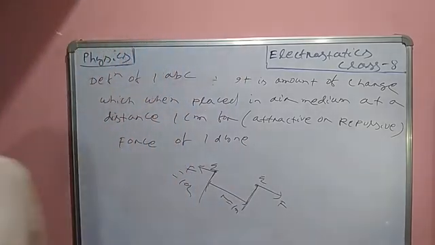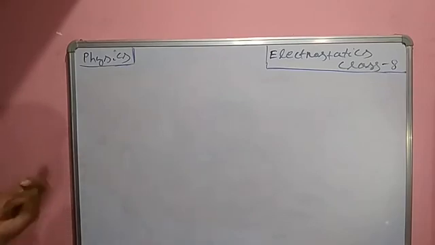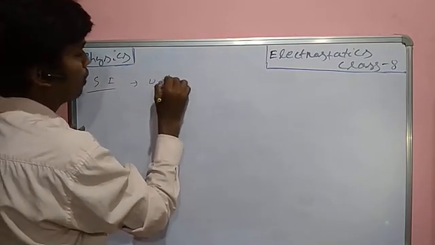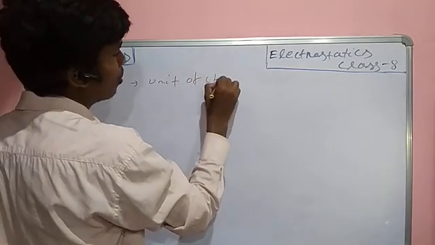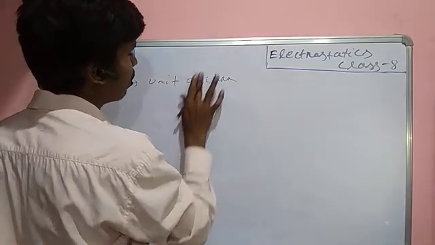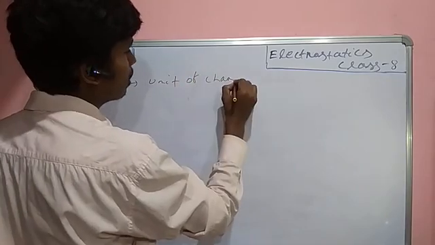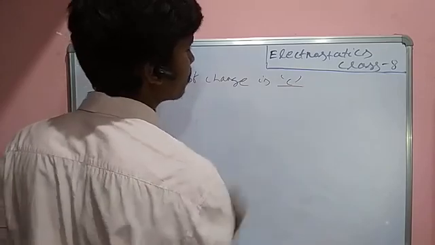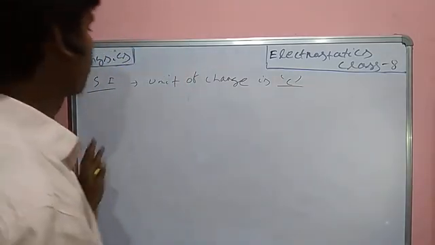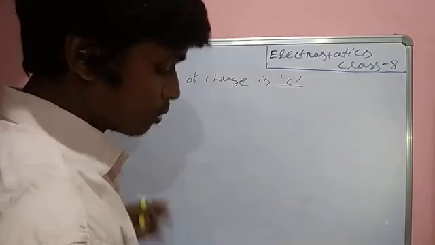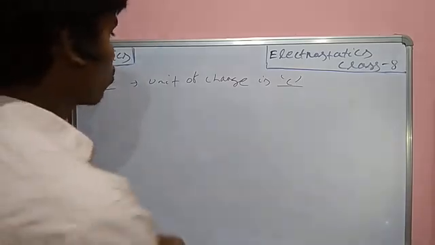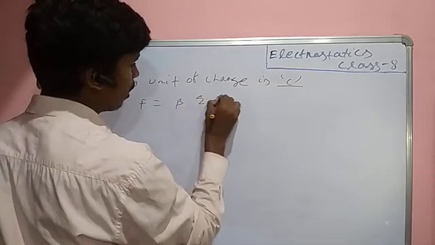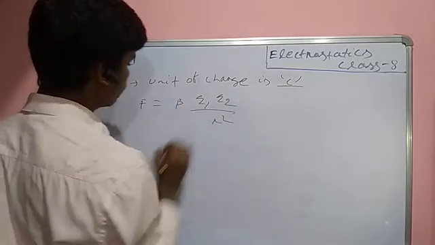Here in the SI system, the unit of charge is the coulomb. So we can define the unit coulomb. We already know F is equal to beta Q1 Q2 by R square.